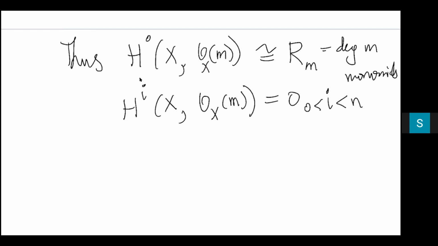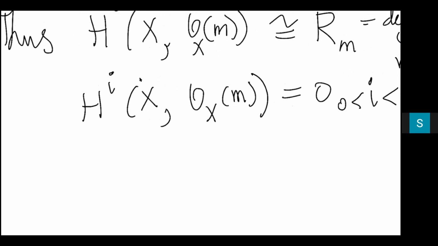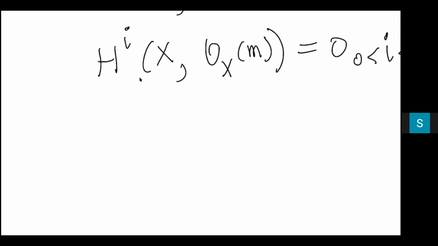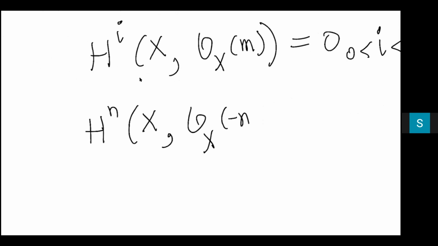This n should be replaced by m, because that is not the dimension. Maybe I should enlarge it, that will make the handwriting a little better. Then H^n(X, O_X(-n-1)) is again equal to A.